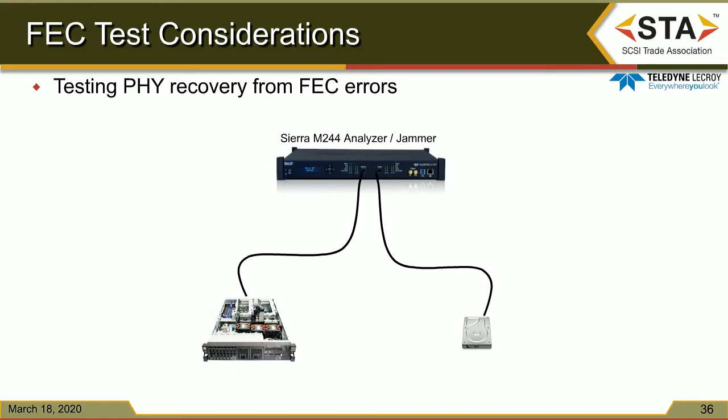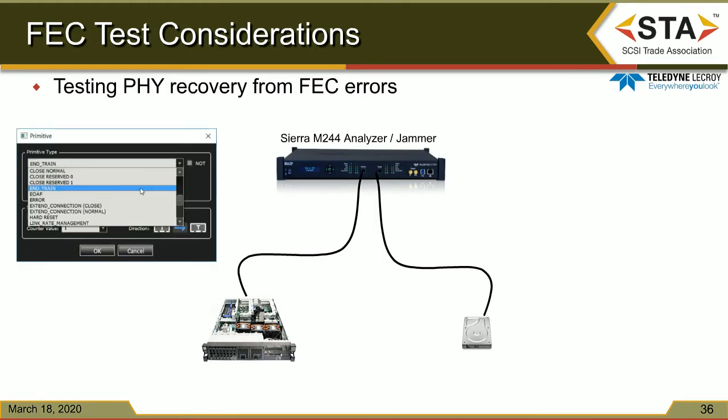How do we test FEC? The easiest way is to use the jammer, which sits in the line and can randomly add FEC errors to live traffic. You could also create these kind of bit flip errors with our exerciser, but it's much easier to use the jammer. It lets you select events from a pull-down menu, and you could pick an SSP frame or really any primitive like the N train here.